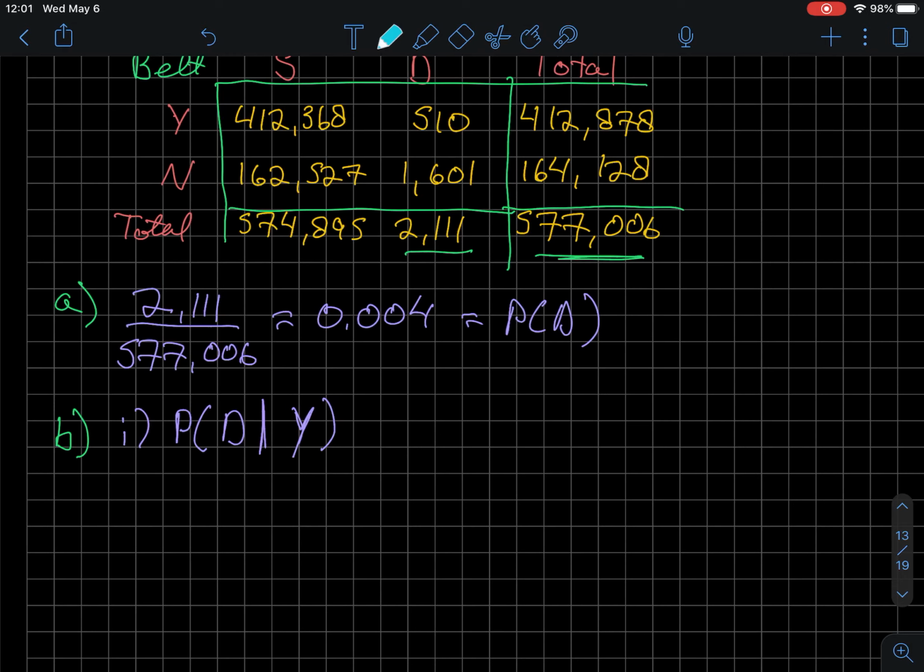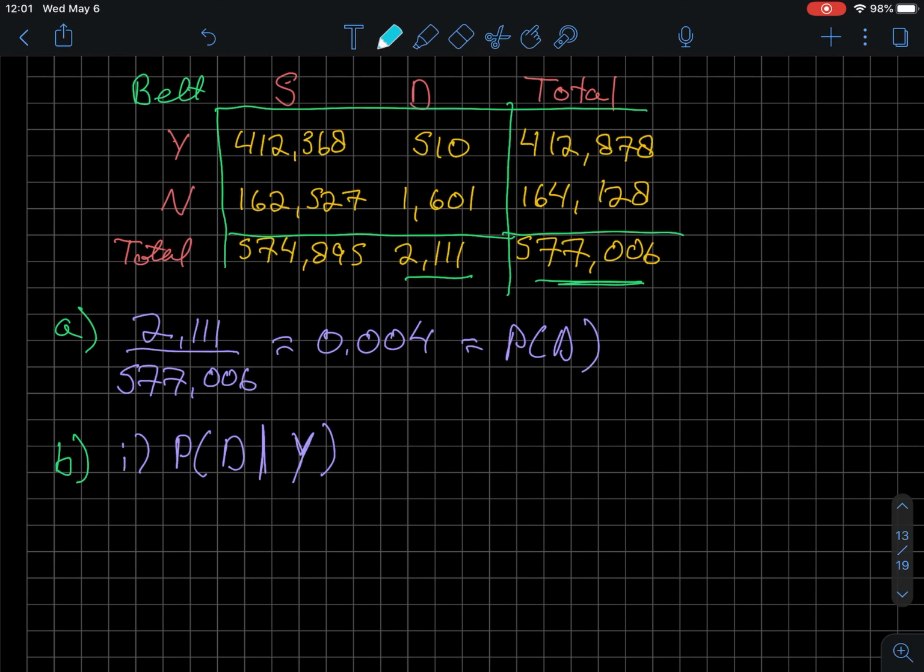So we're going to look at our table, right? We see how we're going to find our dead, then find where this yes is, and so we are looking at this number right here. If we're looking at auto accidents, we find the number of people who died wearing the seatbelt. So we know that is 510.